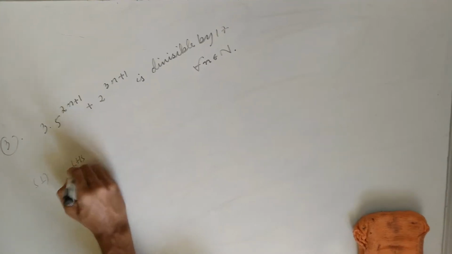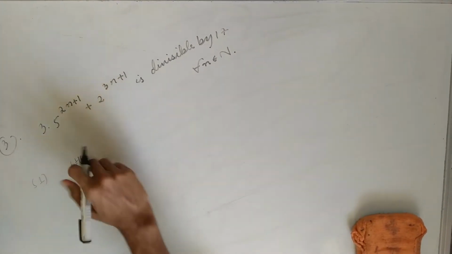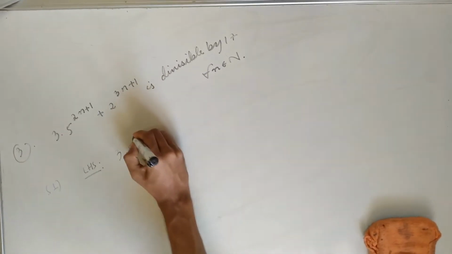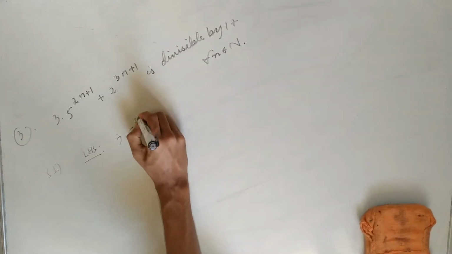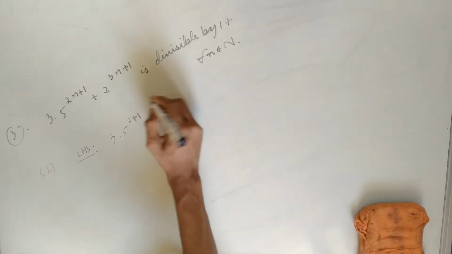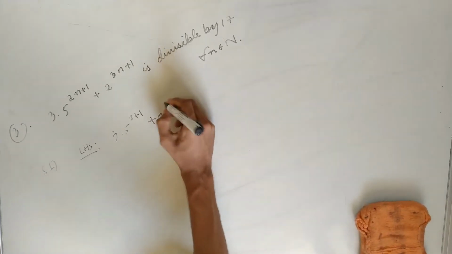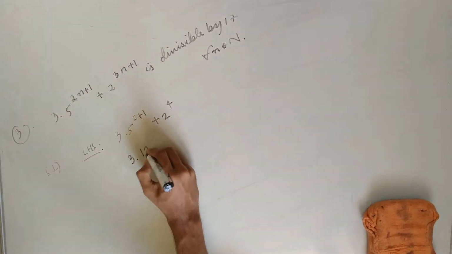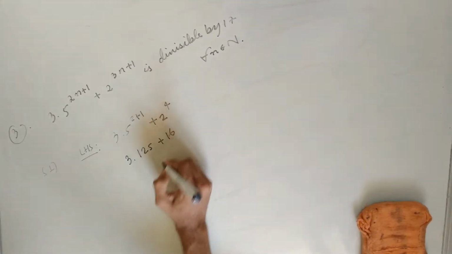What is your LHS? Your LHS is for n equal to 1. So 3 into 5 power 2 into 1 plus 1, plus 2 power 3 into 1 plus 1, so it is 4. This is 3 into 5 cube, which is 125, plus 2 power 4, which is 16.